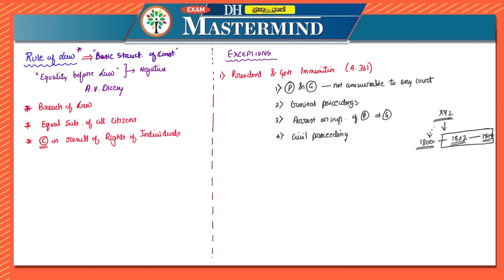No civil proceedings against the president or governor shall be instituted during their term of office in any court in respect of any act done by them in their personal capacity, whether before or after entering upon their office, until the expiration of 2 months next after notice has been delivered to them.